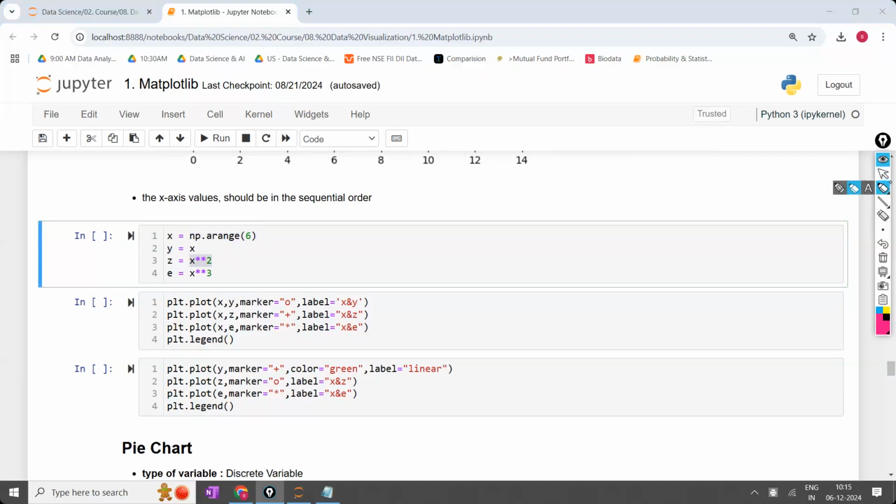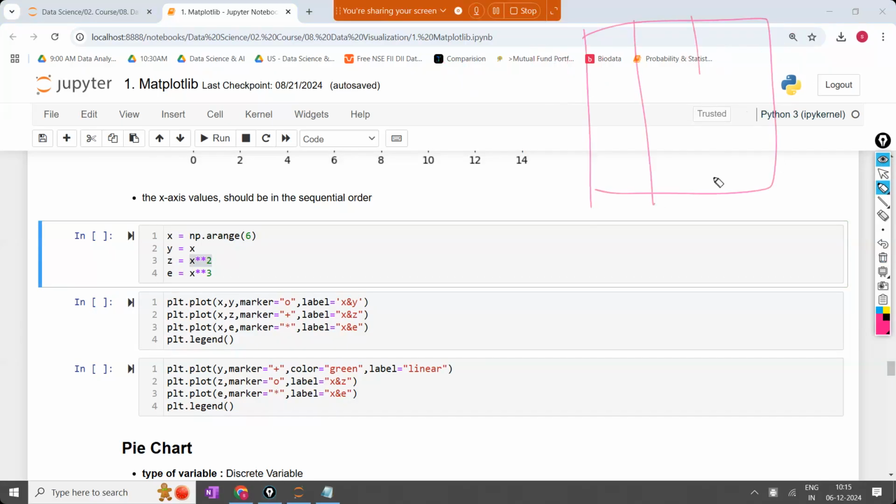Let us write clearly. x = 0, 1, 2, 3, 4, 5. Though it is in an array also, I'm writing in table format for our understanding, an easy way. Next, y = 0, 1, 2, 3, 4, 5. Next, z is the square, that is 0, 1, 4, 9, 16, 25.